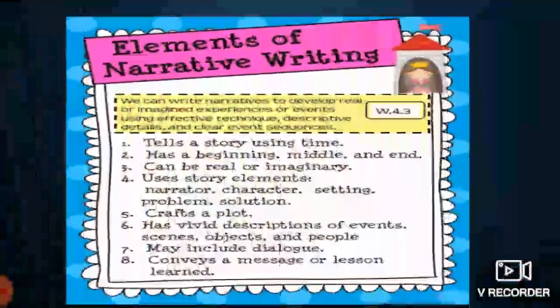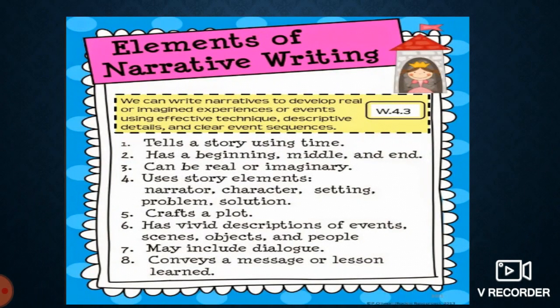Okay, so these are a few elements. We can write narratives to develop real or imagined experiences or events using effective techniques, descriptive details, and clear event sequences. It tells a story using time.